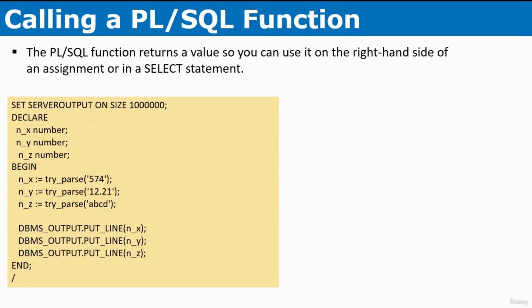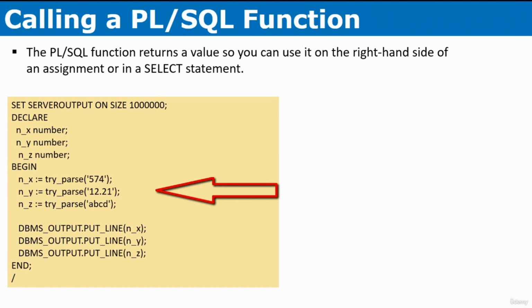So this is the anonymous block that I'm going to create that is going to be used to execute the try_parse function. In the anonymous block, I've declared some variables, but I have not initialized them inside the declaration section. The variables are initialized in the begin section of the block.